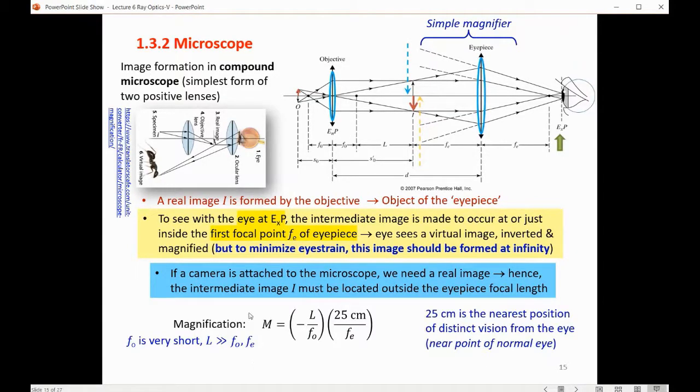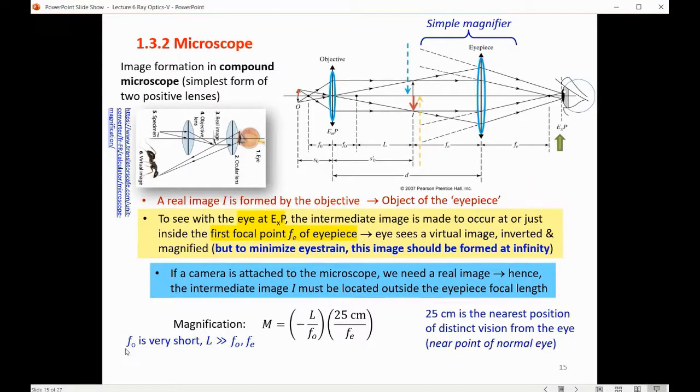And the magnification is given by negative L over f0, whereby f0 is the focal length of this objective, multiplied by 25 divided by the focal length of the eyepiece.